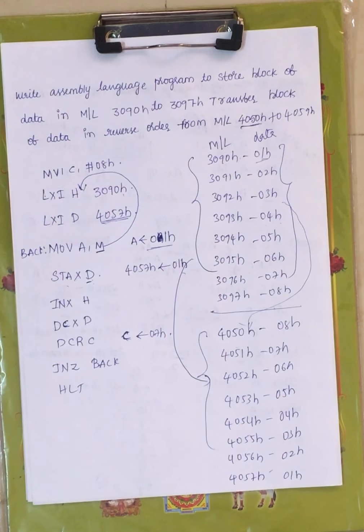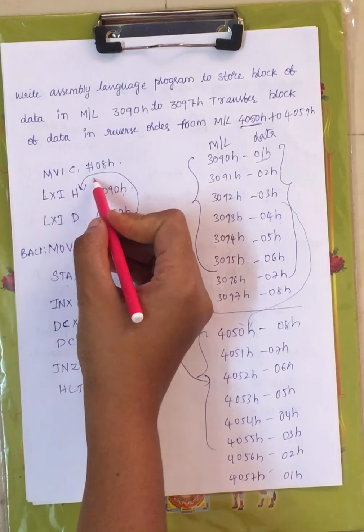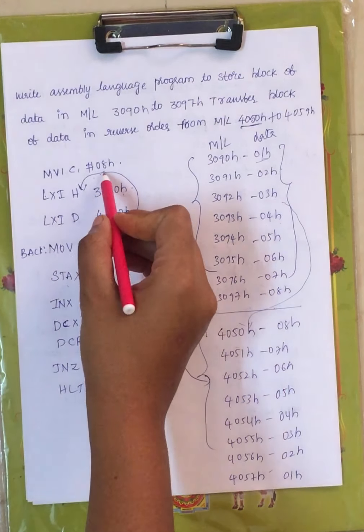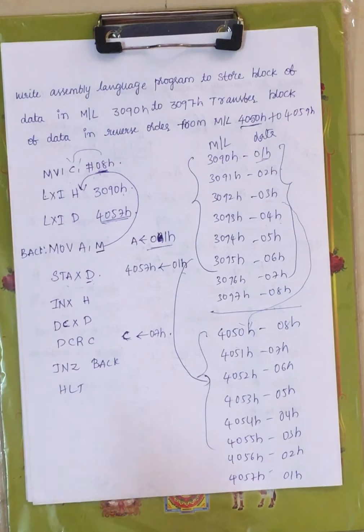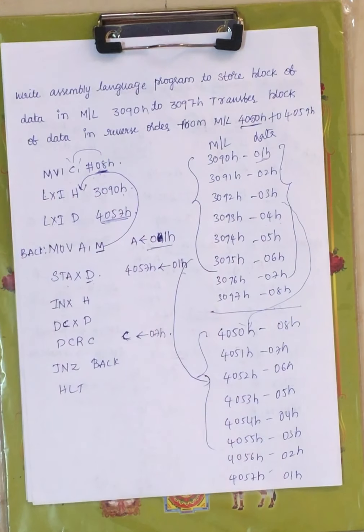And the last instruction is HLT. Now this is a program to transfer a block of data from one memory location to another set of memory locations. We have 8 different datas, that's why we are assigning the counter value 8, which is assigned to C. If you are getting 12 datas, you have to assign count 12 to the C register.